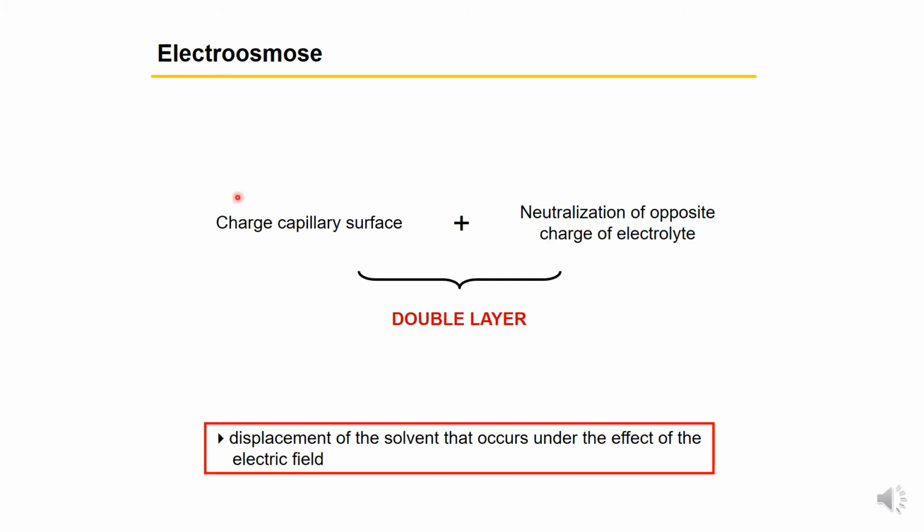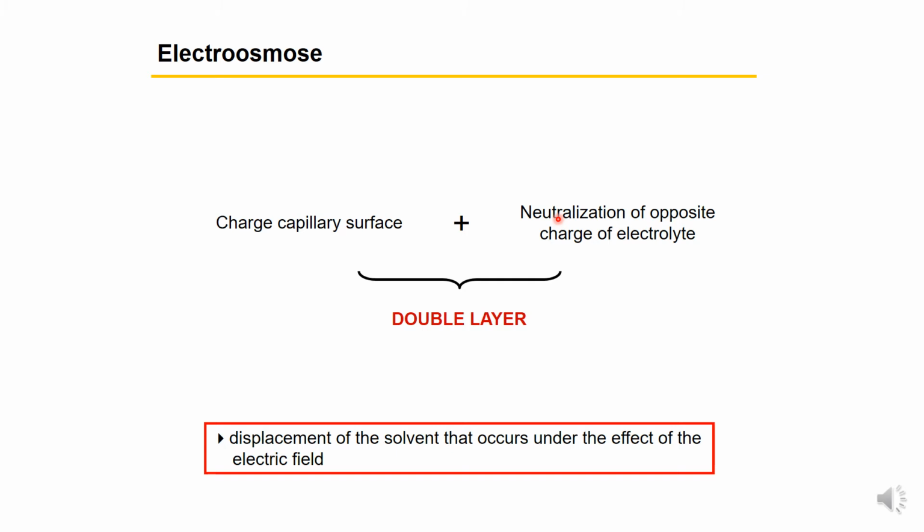Meaning that at the capillary surface, you have an anionic charge due to the deprotonation of silanols. And then when you have a deprotonated charge, you need to neutralize this charge with what? With the salt in the background electrolyte.